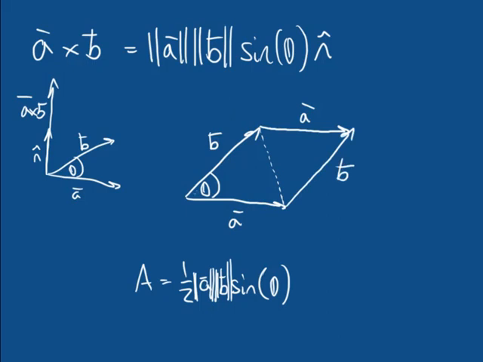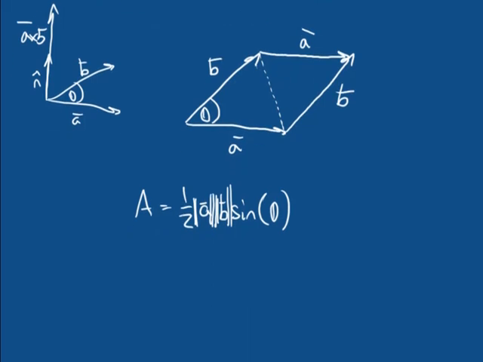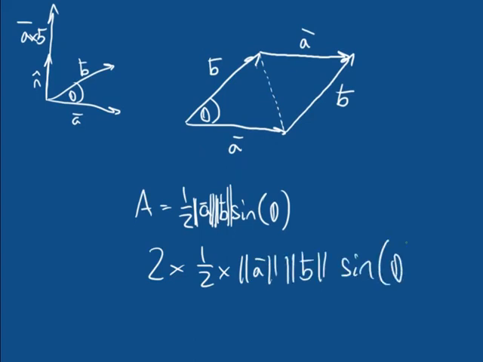And we know that if we know the area of this half of the parallelogram, the area of this half is the same. So the area of the whole parallelogram is 2 times the area of this triangle. So the area of our whole parallelogram is 2 times a half times the length of A times the length of B times the sine of the angle between them.